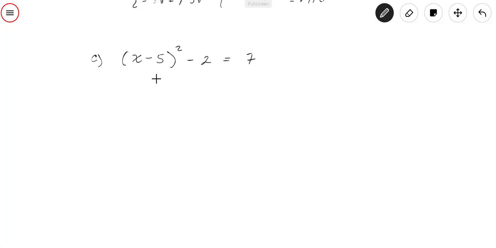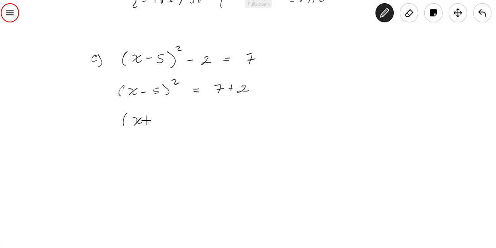I would basically be using the same tools that I used when I was taking the square root for the square of a variable equal a number. So I will isolate the square of the binomial. In this case, I will be adding 2 to both sides. I'm going to say x minus 5 squared equals 7 plus 2.